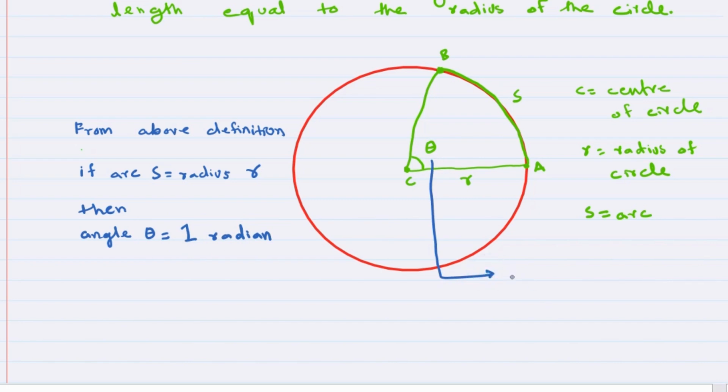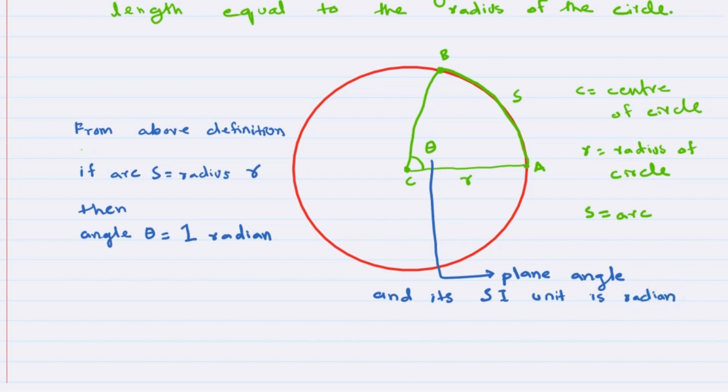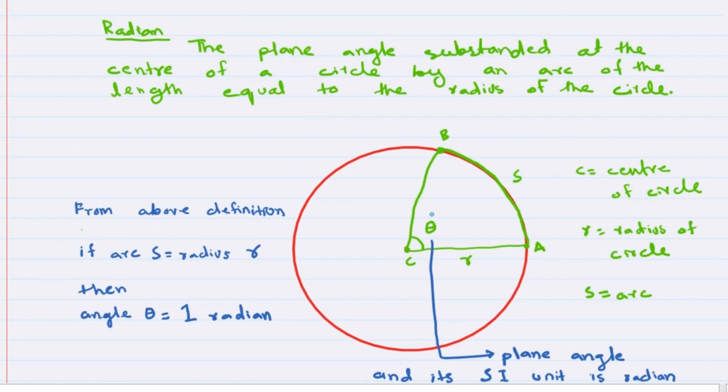So this theta is the plane angle denoted by theta, and its SI, that is System International unit, is radian. Now this is the plane angle subtended at the center of the circle by an arc S that is equal to the radius of the circle, that is R. So in this case we have this theta is equal to 1 radian.